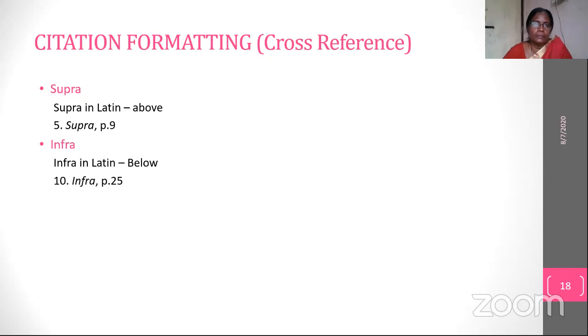From the research paper itself, we may supply some references. For example, my article consists of 25 pages, and now I am on page number 5. On page number 5, the footnote or endnote number is 15. For that, I have to put Supra.